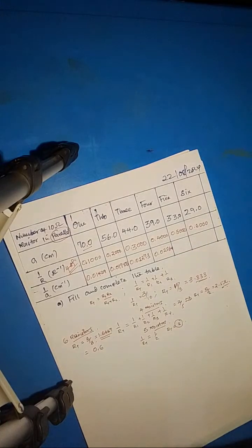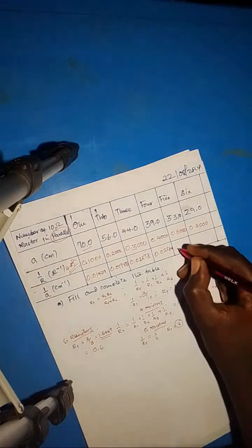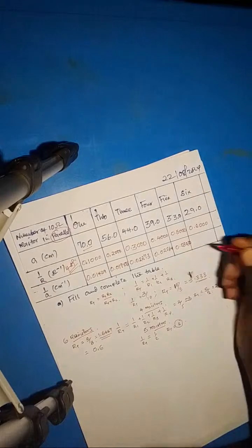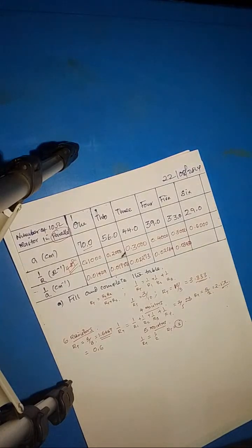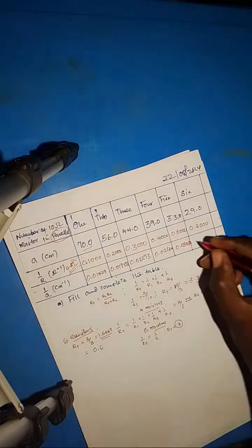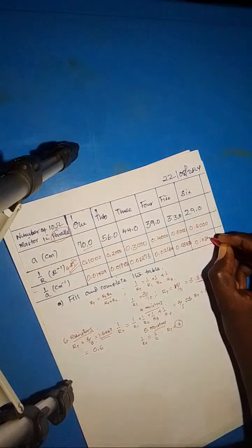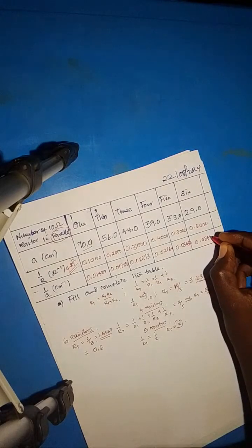The one for 33 will be giving me 0.03030. Then the last one, which is 29, will be giving me 0.03449.